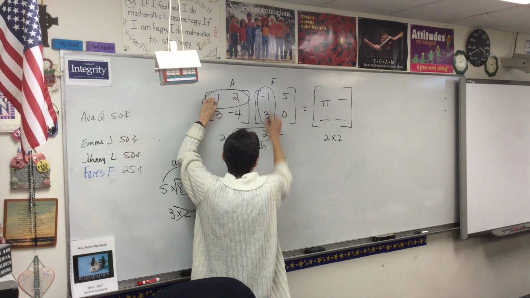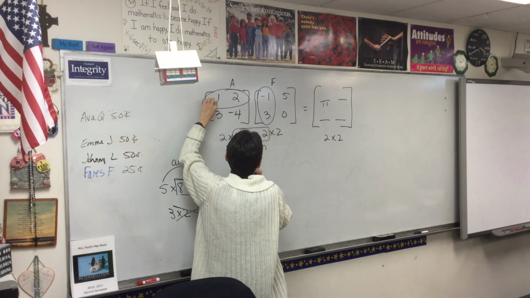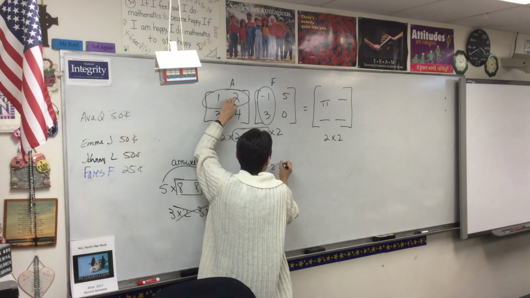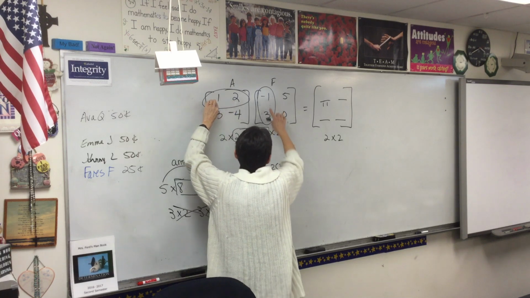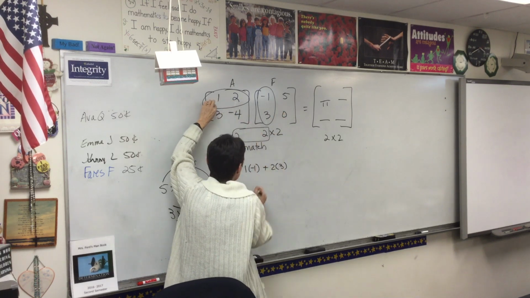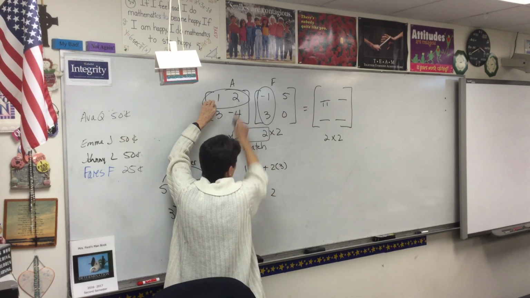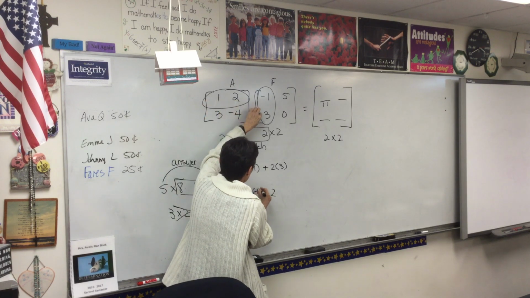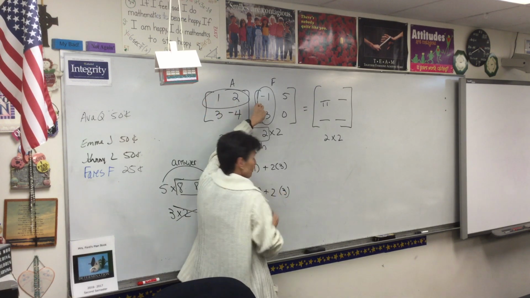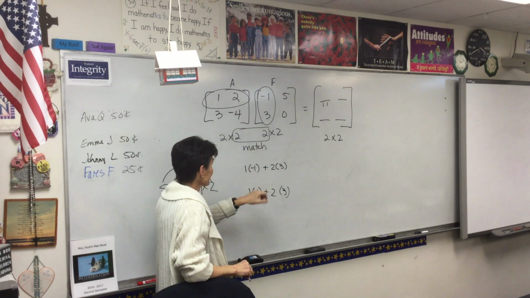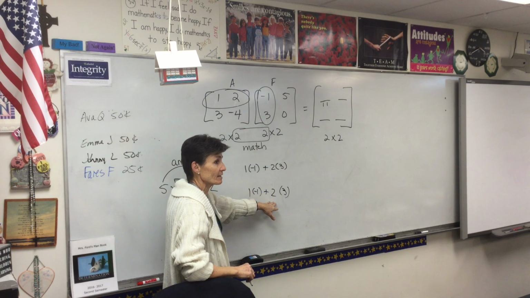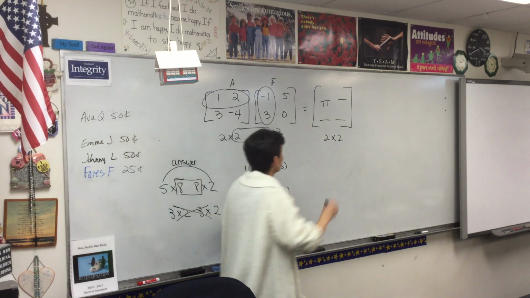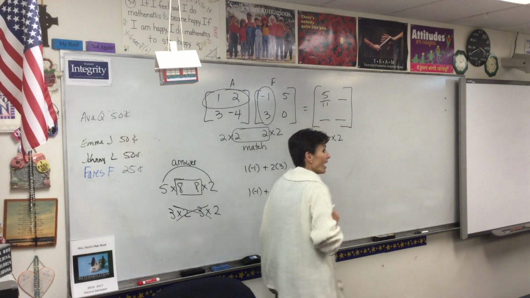So 1 times -1, plus 2 times 3. Sometimes when kids are just starting, I say write down the numbers in your row, 1 and 2, and then write down your numbers in your column, and put a plus between them. That's how you do it. So -1 plus 6 is 5. So this number is a 5.